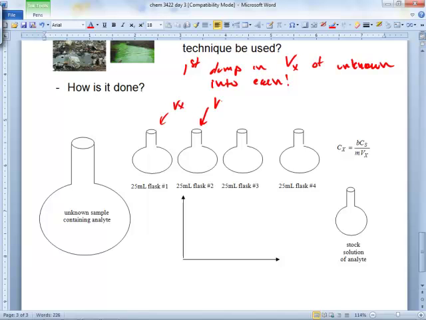So into each flask, we're going to dump the unknown.